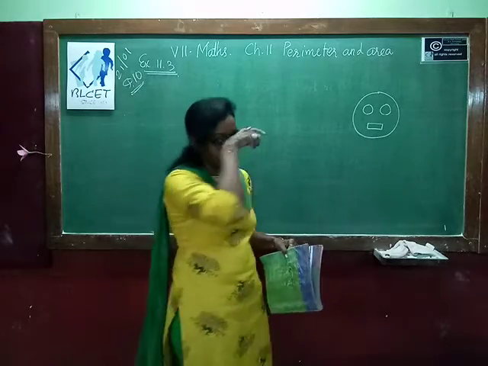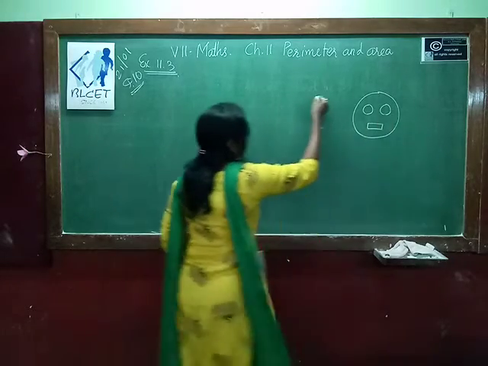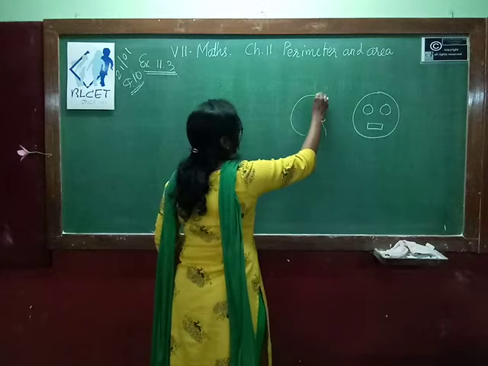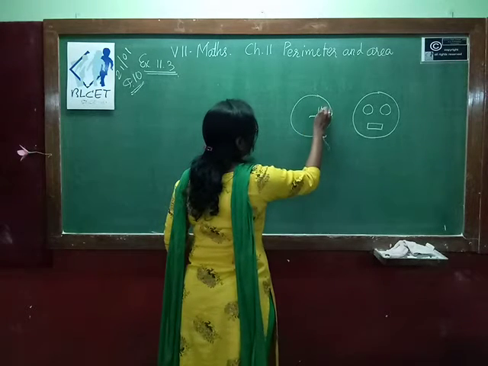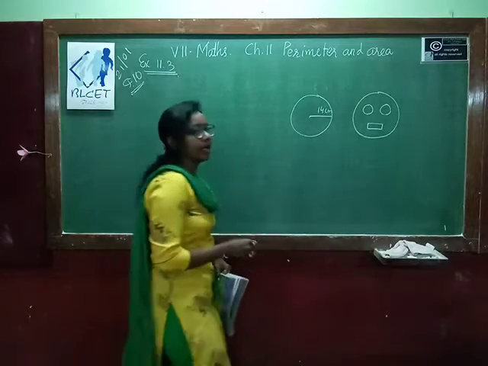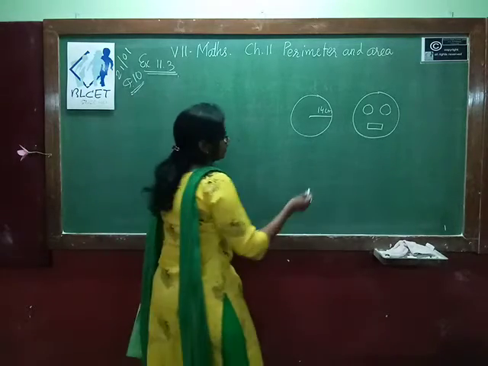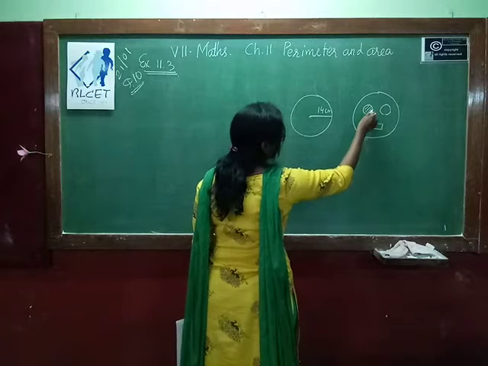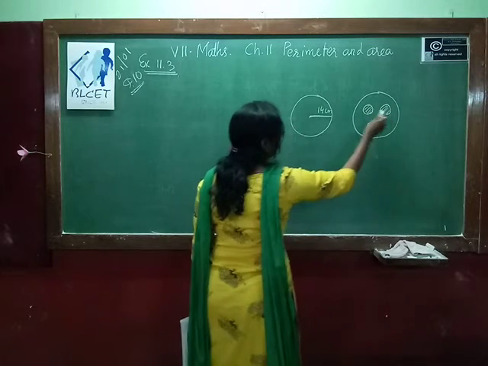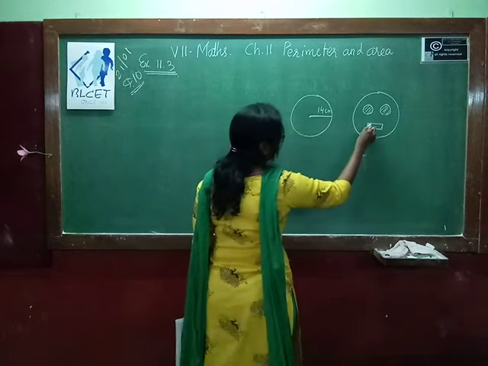So what we have to do? The total circle, whose radius is 14 cm. After that, you are cutting two small circles and one rectangle from this cardboard.